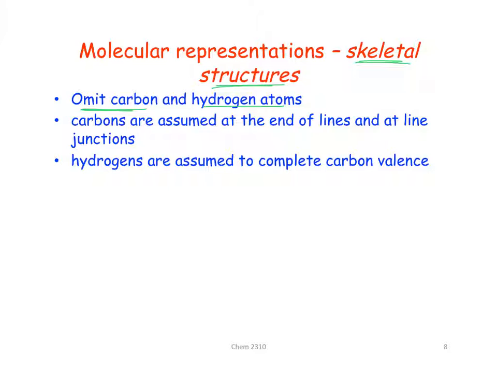Well, we're going to draw structures that just have lines, and we're going to assume that there are carbons on the ends of the lines and at the junctions between the lines. We're not going to draw the hydrogens on carbon. We're going to draw them on other atoms like oxygen or nitrogen. But we're just going to assume that there are enough hydrogens to give carbon a complete valence.